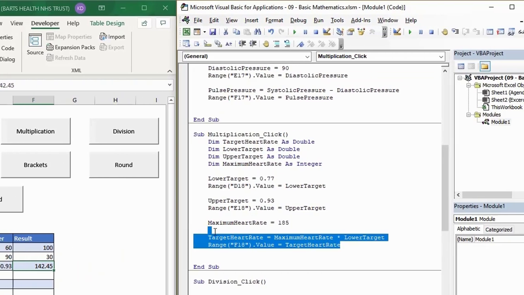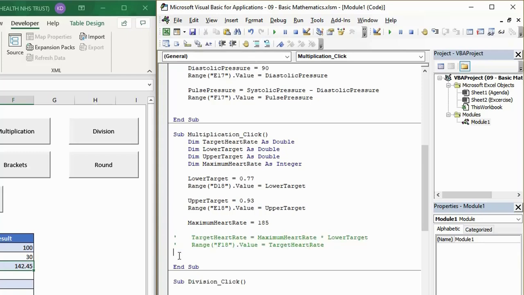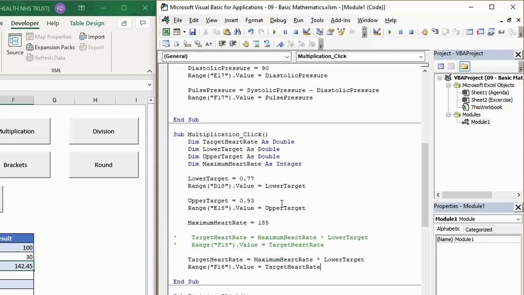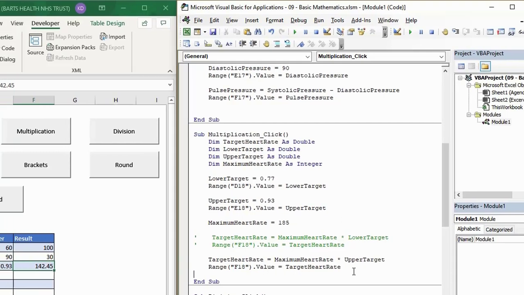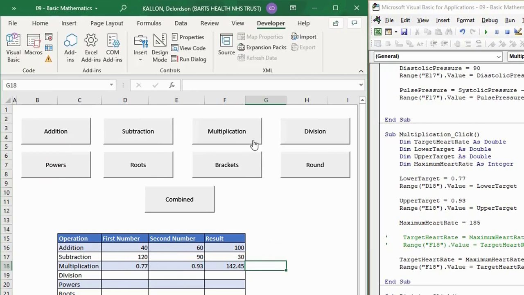To calculate the upper rate, let's copy this code, comment it out, paste it below, and change to the upper target. Let's run this code and see what we get. And my upper target is 172.